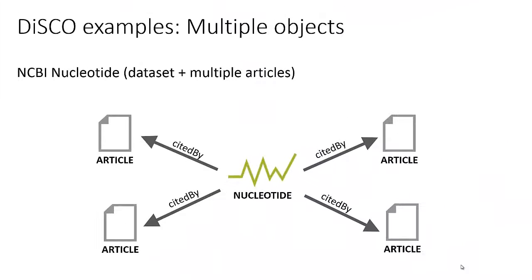So the final example I want to show you is what happens if you put something like a nucleotide at the center of the graph, and we did this using the NCBI API for nucleotide and linked it to all of the articles that are citing that nucleotide.